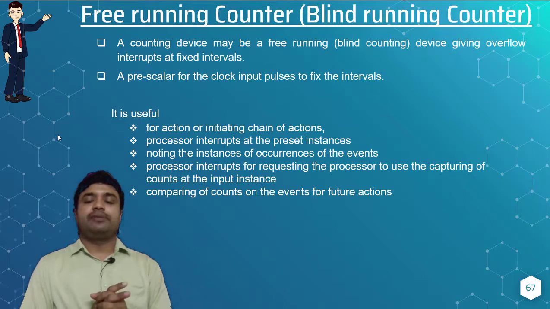That means if the processor is busy with other activities, it is going to be identified to initiate the counting operation for the input instance. And the last one is comparing of counts on the events for future actions. Okay, so these are the uses of a free running counter.